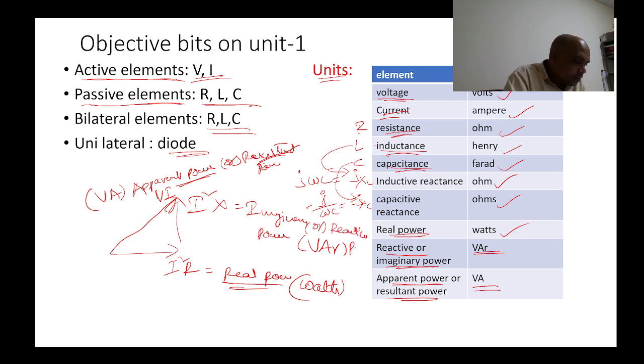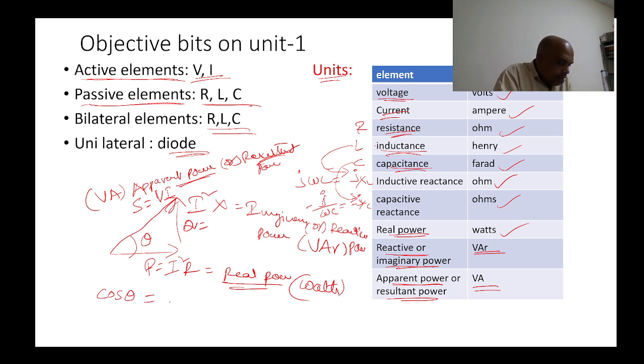Real power is represented with P, reactive power with Q, and apparent power with S. The angle between P and S, meaning real power and apparent power, is nothing but the power factor angle. Power factor is cos theta.